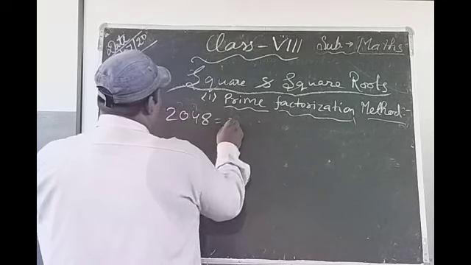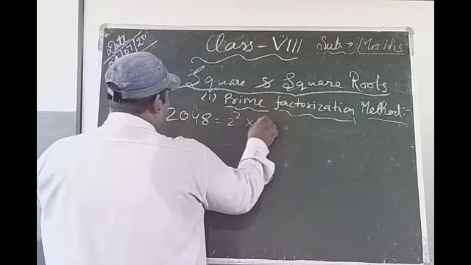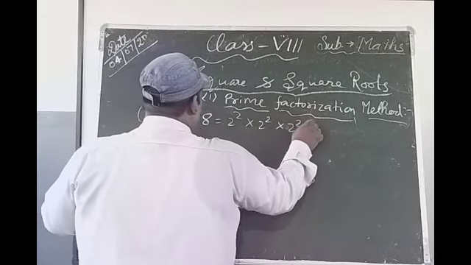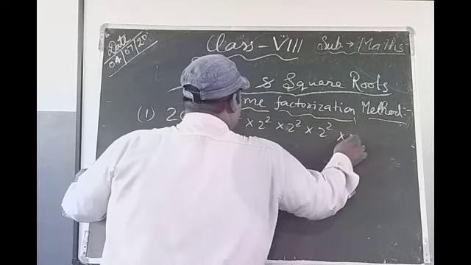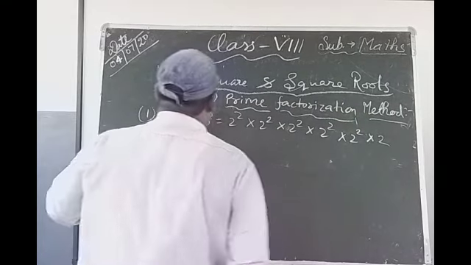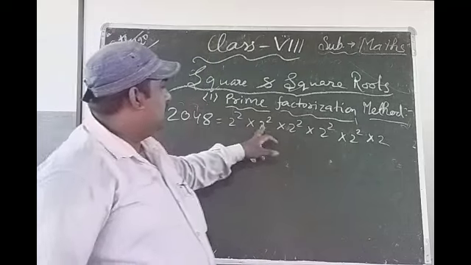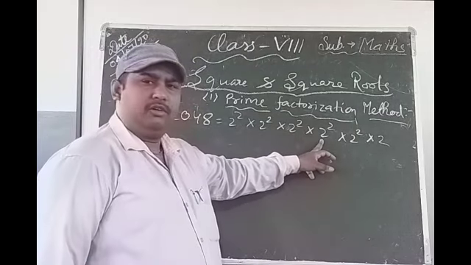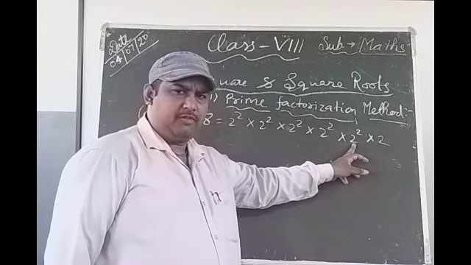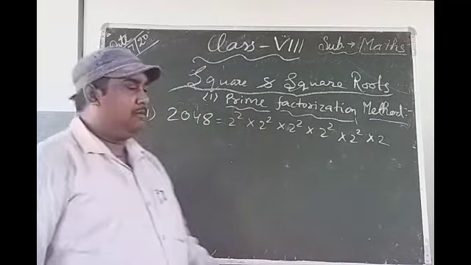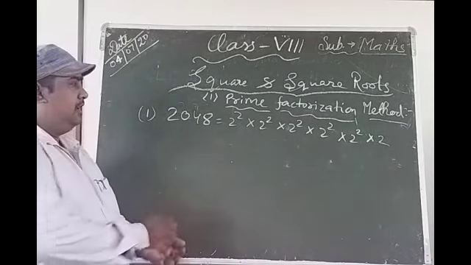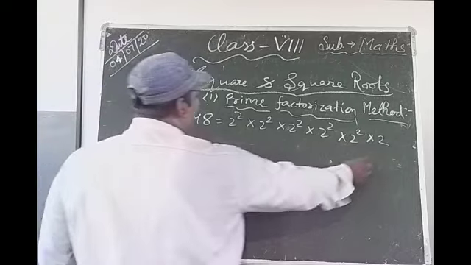Here you will prime factorize and you will find 4 into 4, 16 into 4, 64 into 4, 256 into 4, 1024 into 2, that will be 2048. Finally we have got that 2 is alone here.